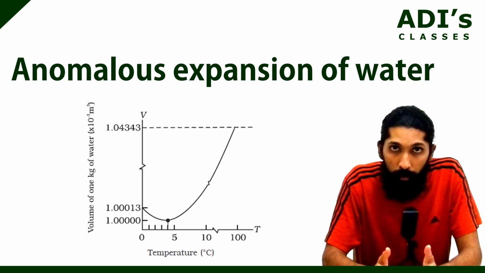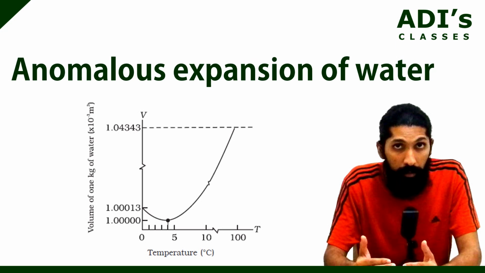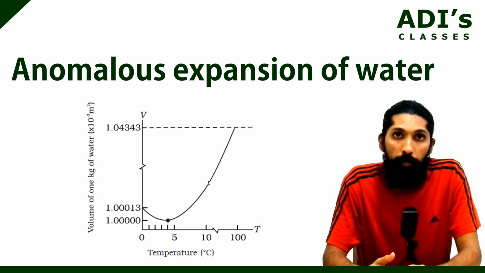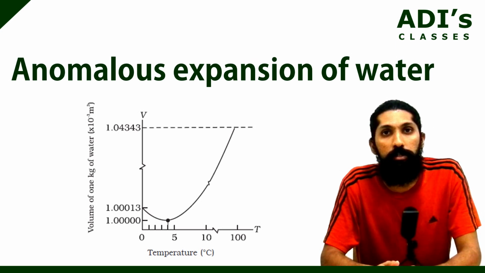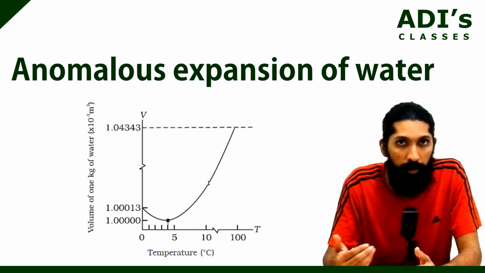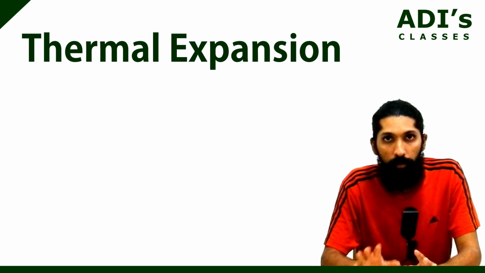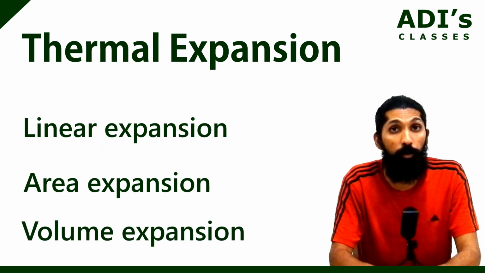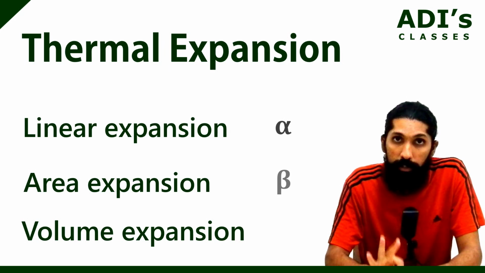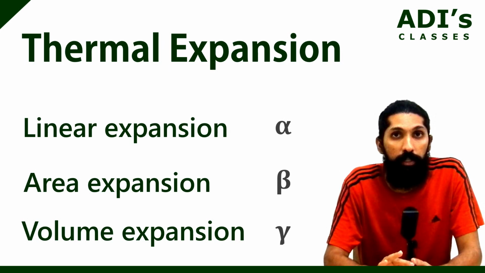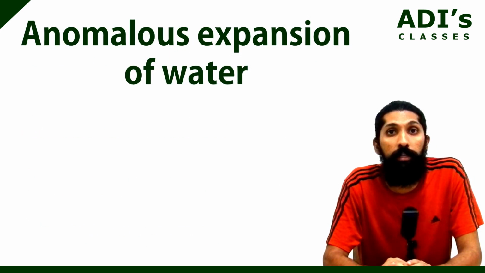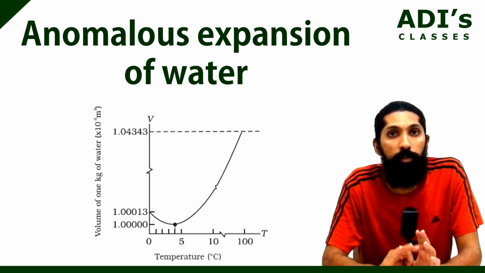From 0 to 4, the volume reduces even though temperature is increasing. After 4 degrees Celsius, the volume increases as you increase the temperature. Understood? So we learned about 4 types of expansion now. The first three are very important: linear is alpha, area is beta, volume is gamma.